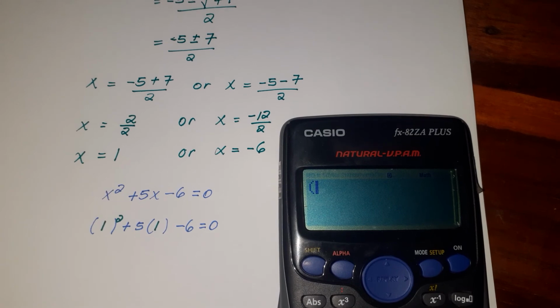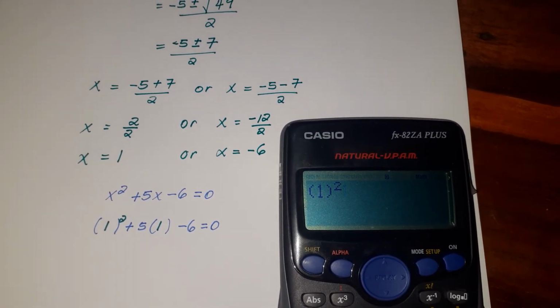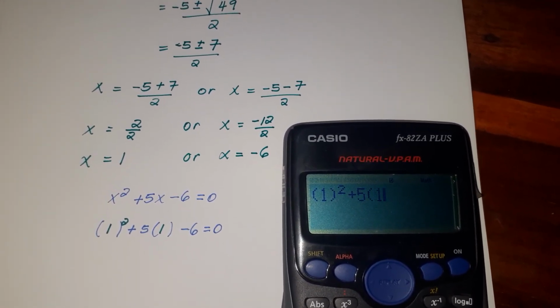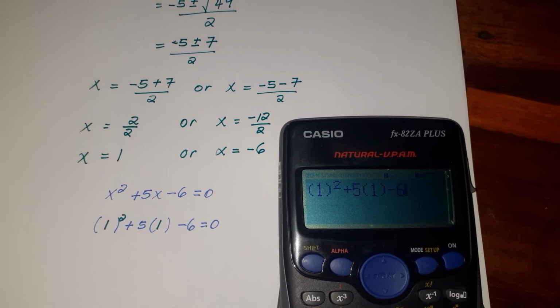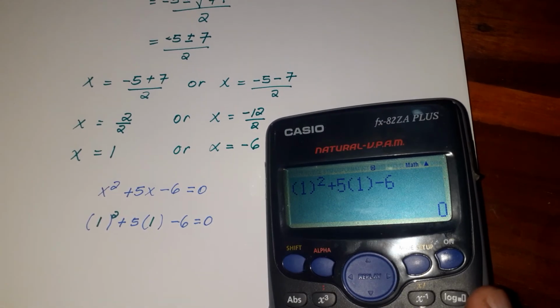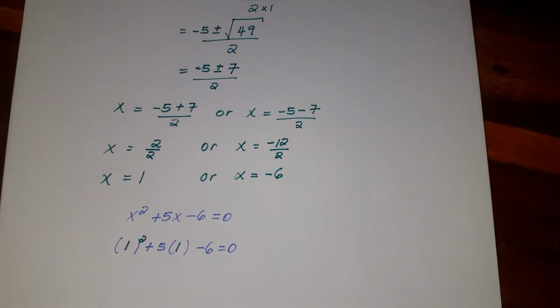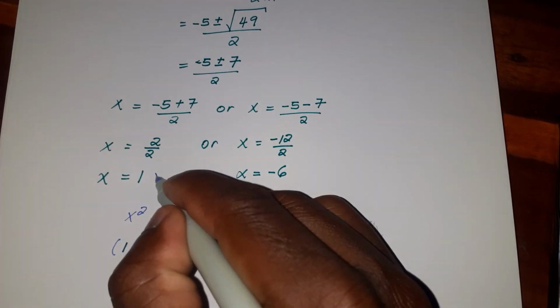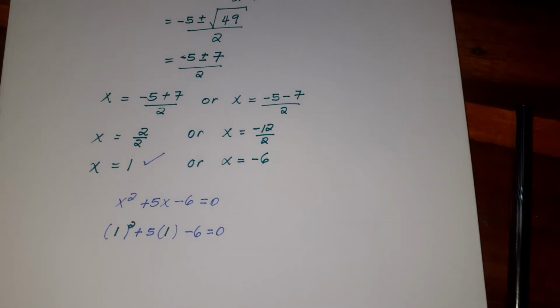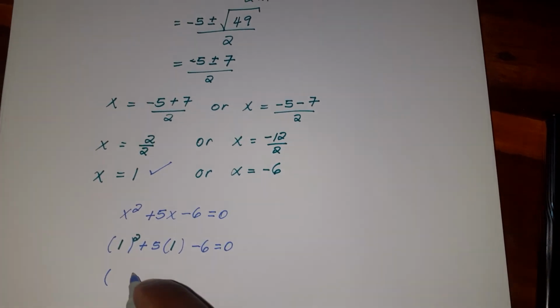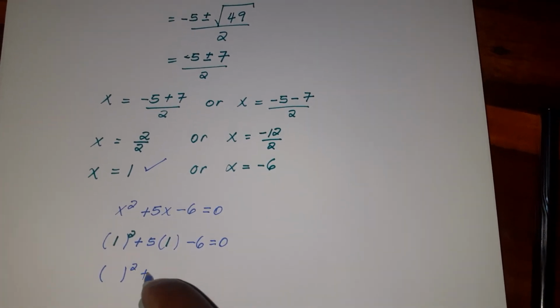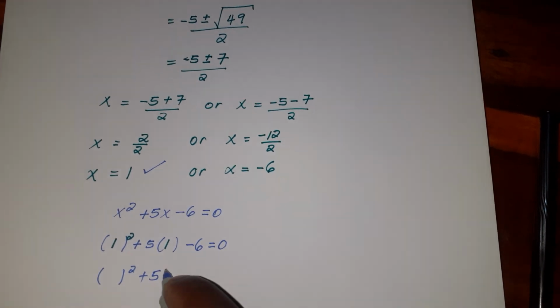Now we can use our calculator to confirm that we have 1 square plus 5 times 1 minus 6. We are getting equal to 0. It means the first solution is correct. Now let's also put in the other solution and see if we are getting 0.